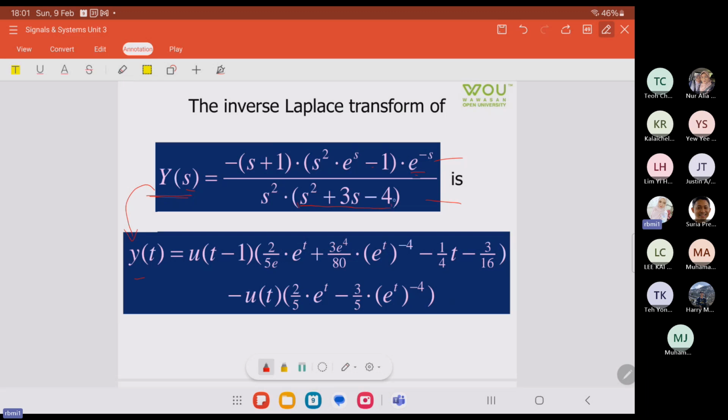If not, please go and search how to get the partial fractions. There are a few formulas for partial fractions actually. And for this one, you need to get the roots. What will be the roots for these expressions?